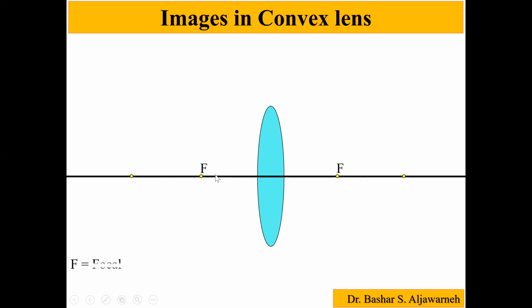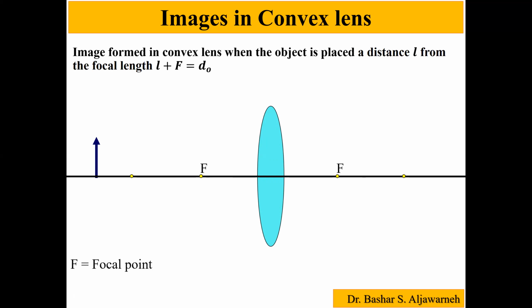Let me take my object, as you can see here, at a distance d sub o, or d naught, where d naught is the object distance, and see how to get the image.